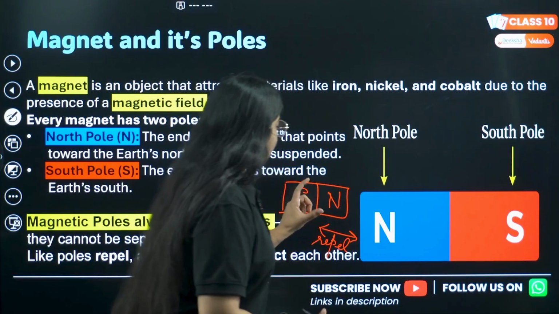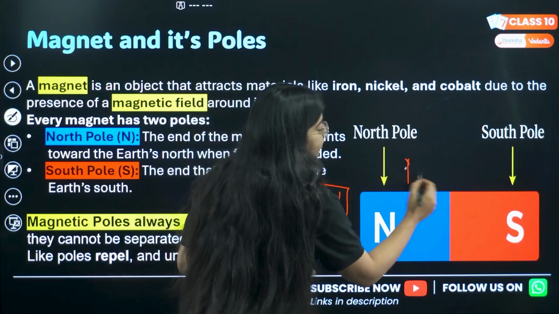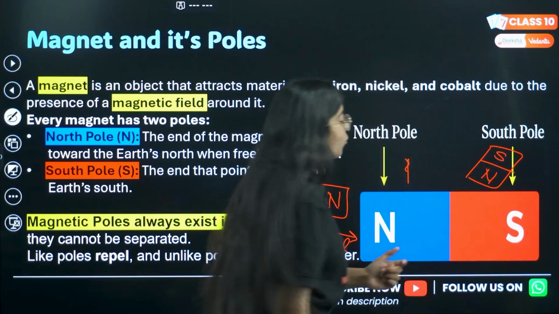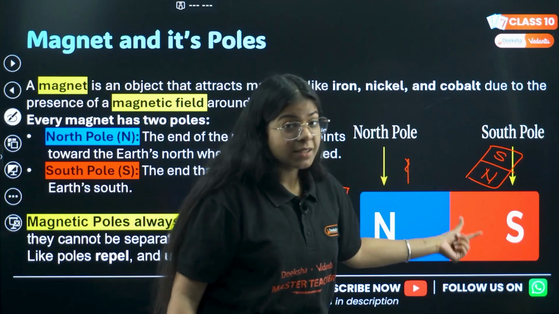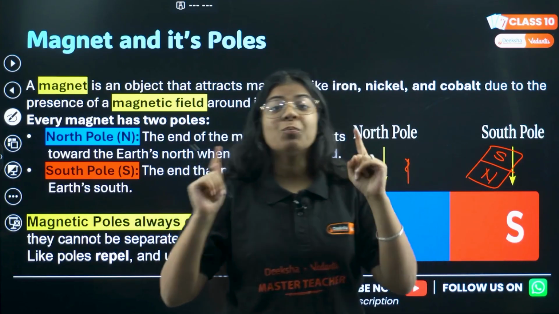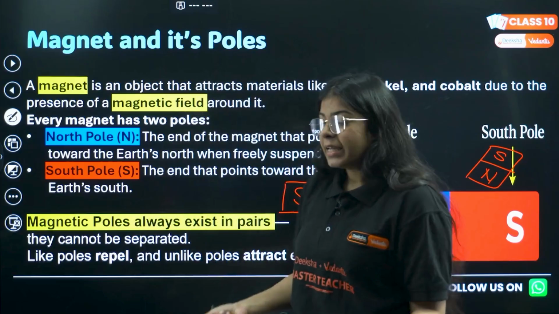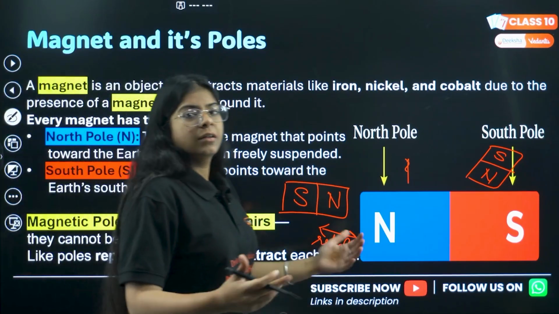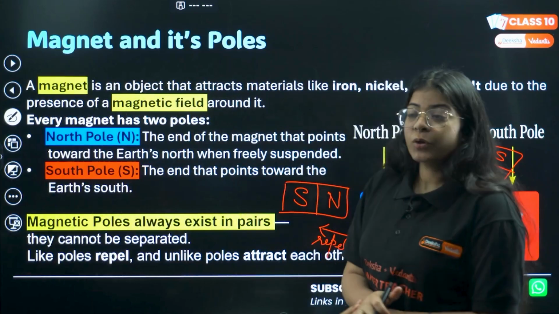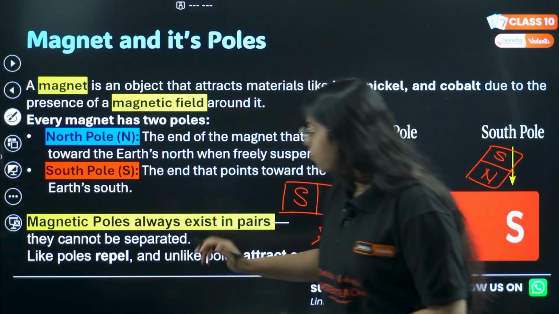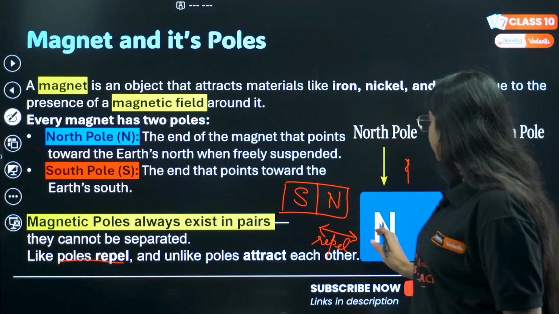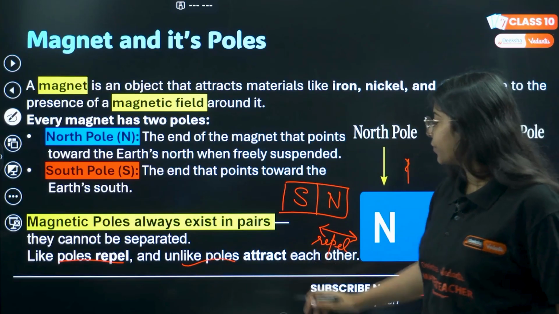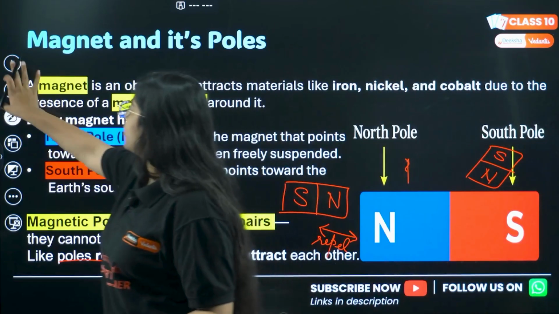But if I switch these poles, let's say this is now my north pole, this is my south pole, and I bring my north pole near my south pole, they won't repel now, they won't push each other away, they will pull towards each other, they will attract. And so what we can say is like poles repel. North and north are repelling, and unlike poles, that is north and south, are attracting each other.